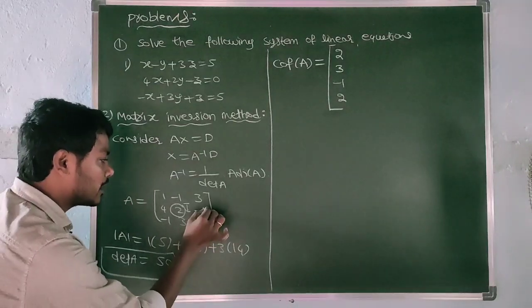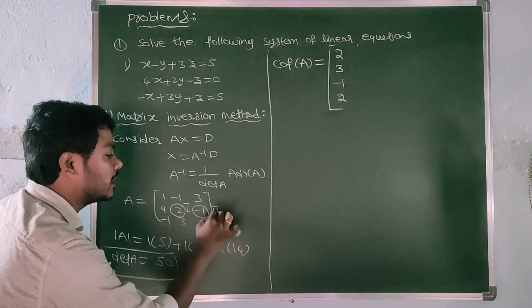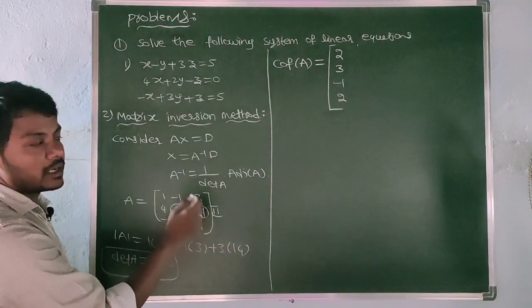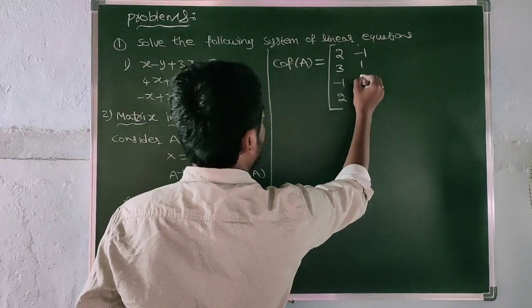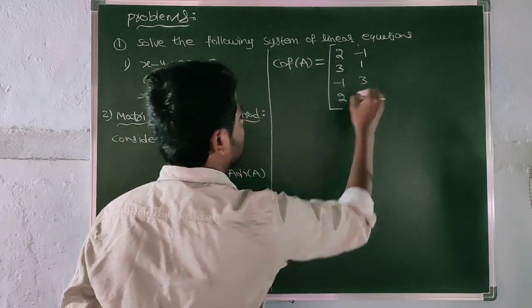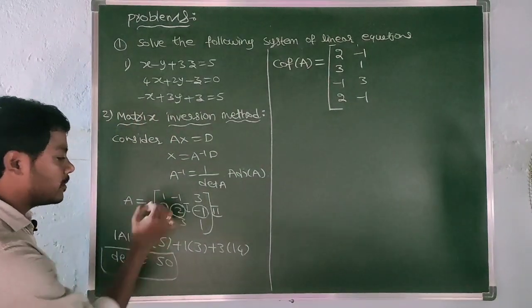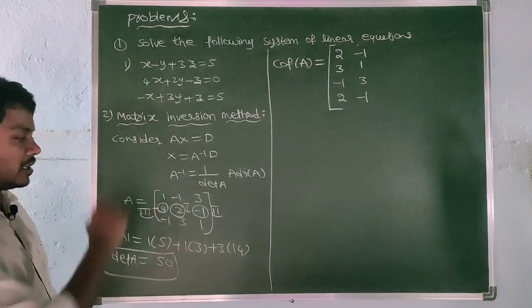Next, write third column, second element. This is second column. Minus 1, 1, 3, minus 1. And write first column, second element. That is, write in third column.